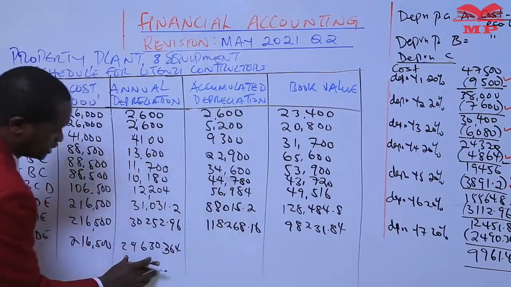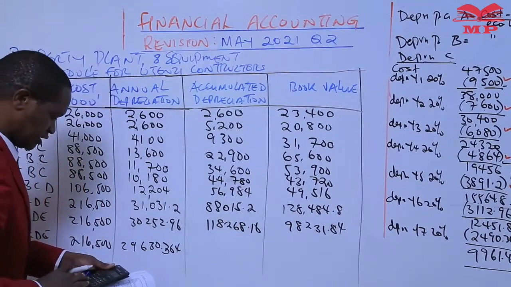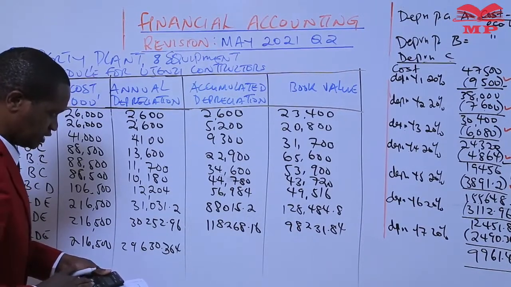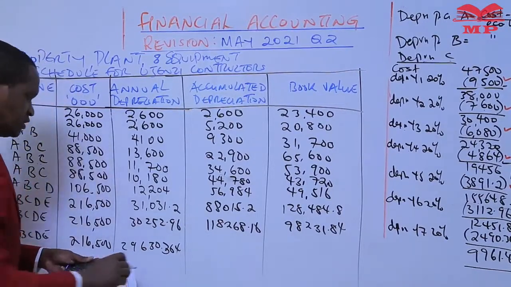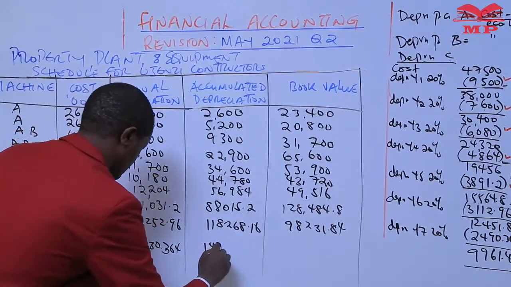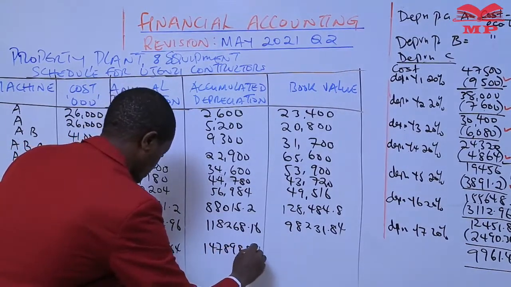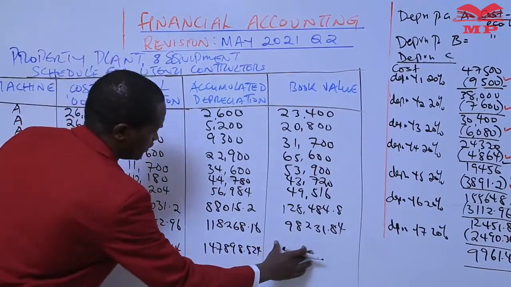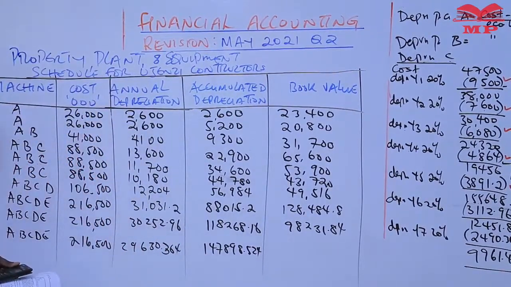Accumulated depreciation: we add this annual depreciation to the previous accumulated depreciation of 11,82,68.16. I get 147,898.524. That is accumulated depreciation. Book value: we deduct this accumulated depreciation from the cost of 216,500.